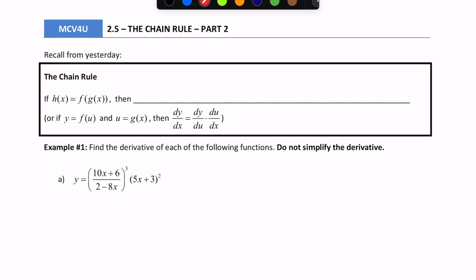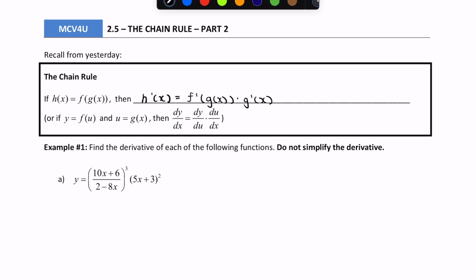So the chain rule, if you recall, if h of x is equal to f of g of x, then h prime of x is equal to f prime of g of x times g prime of x.